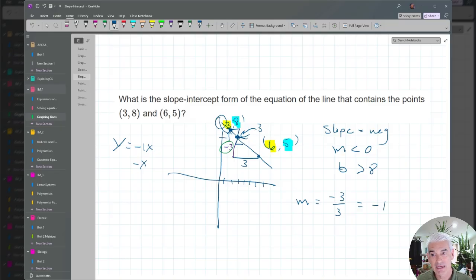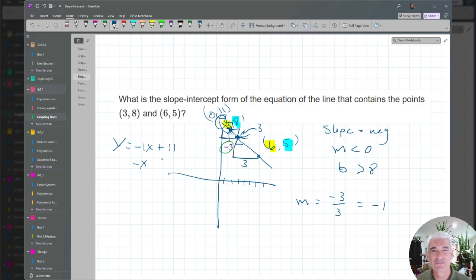So I can do that again. I can go up 1, back 1, up 1, back 1. So if I've counted it right, I'm going to go back 3 and up 3 from 8. So this point here is 0, 11. There are other ways to do this, but sometimes you get lucky and it works out. So this is going to be plus 11.